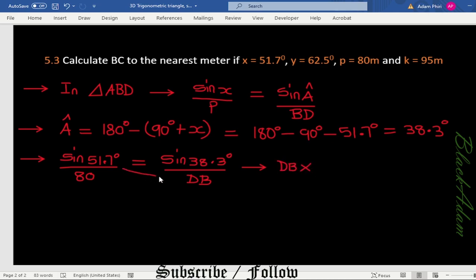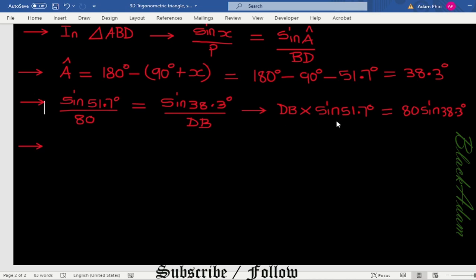So dB multiplied by sine 51.7 degrees is equals to 80 multiplied by sine 38.3 degrees. And then solving for dB, so multiply both sides by sine 51.7 degrees.